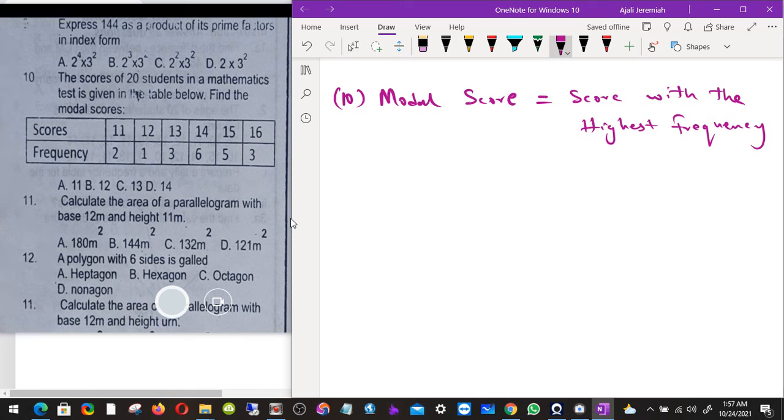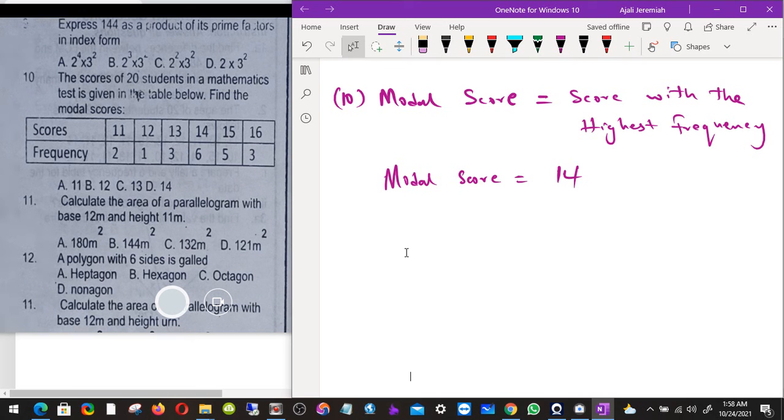So look at the frequency, look for the highest one, that's 6. Then look for the score having 6. The score having 6 is 14. So it means our modal score is 14. Okay, it's simply the score with the highest frequency. So when next you're asked to calculate modal score, remember it's the score with the highest frequency. Okay, that's option D.